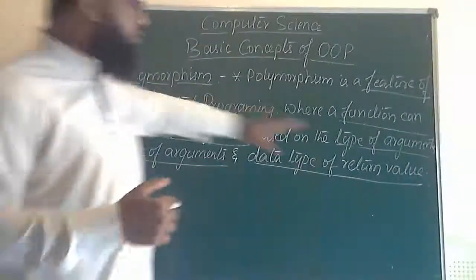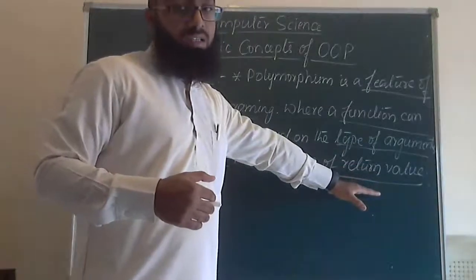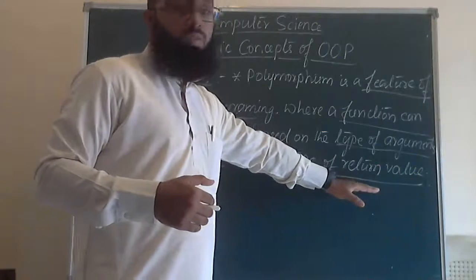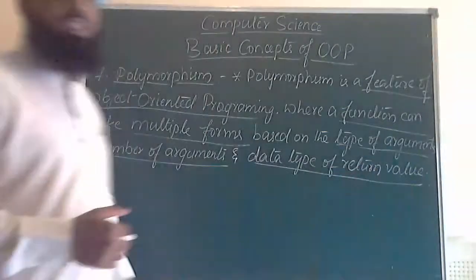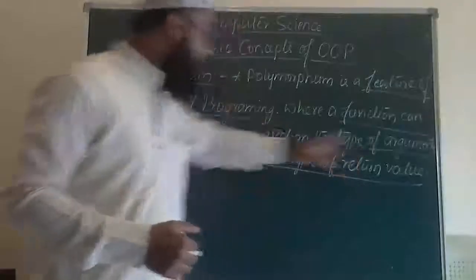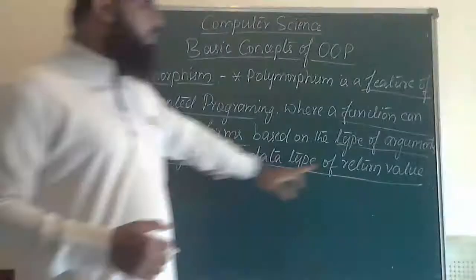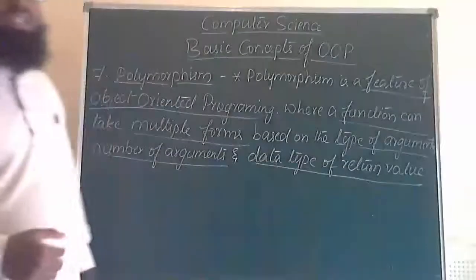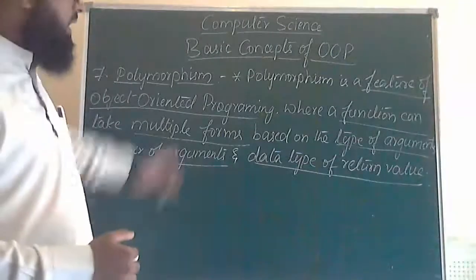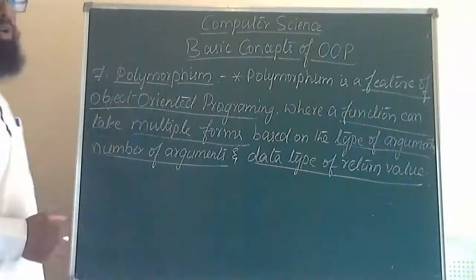Finally, the value we return is called the return value. These are a few points regarding polymorphism.